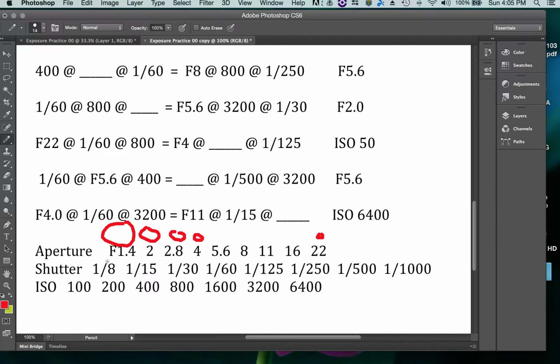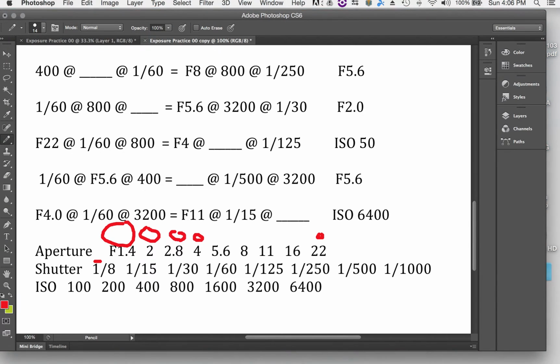Now, same thing with the shutter. If your shutter is open for 1/8 of a second, it's going to allow a lot more light to hit that sensor or film than if it were only open for 1/1000th of a second, right? That makes sense. If it's open for much more time, more light's going to get in.